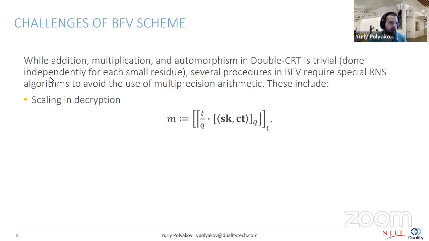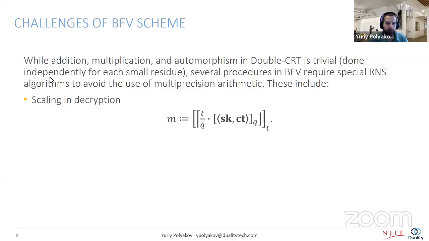So they're done component-wise. And then there are certain operations that require extra work, and that require estimating the scale, the magnitude of the number. And typically, we do not know the scale of the number when working with RNS residues because they're independent channels.